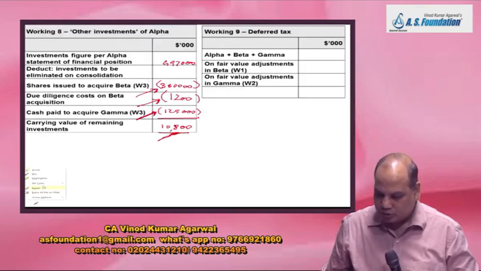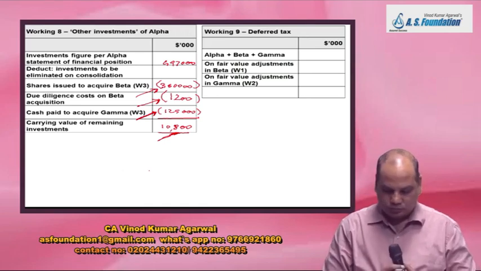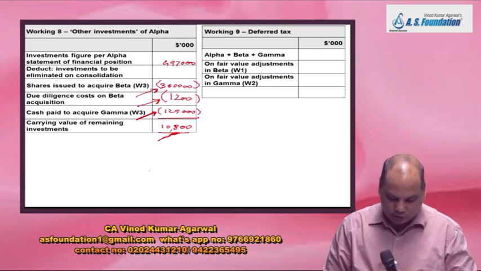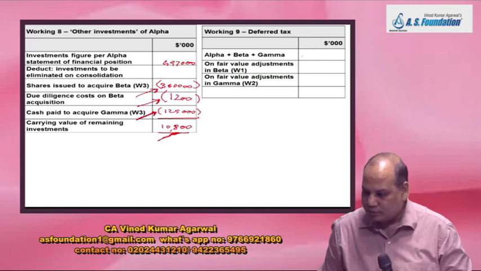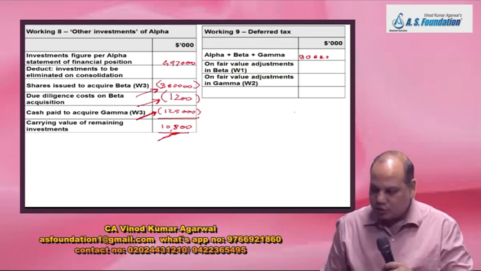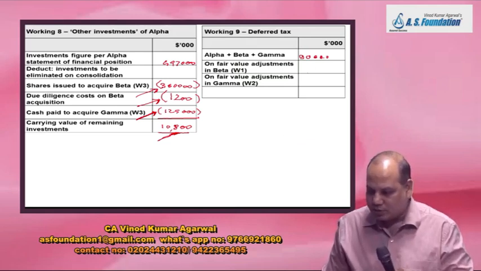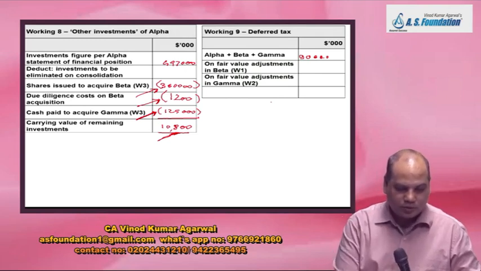What is the total of these three items? Deferred taxation, is it 90,000? Just write here 90,000. And then once we complete working note 1 and 2, we'll get the closing balances of these two subsidiaries. Okay. So total non-current liabilities.